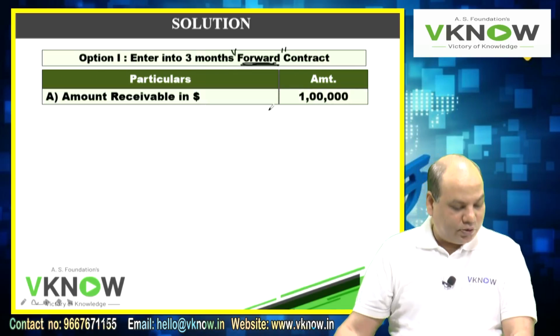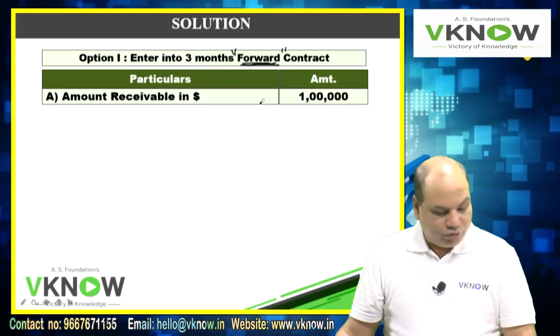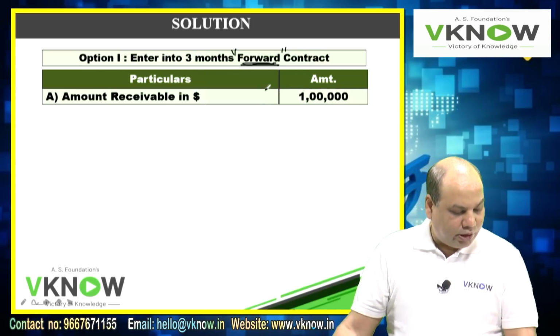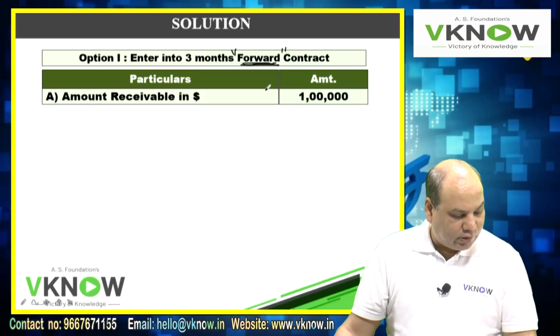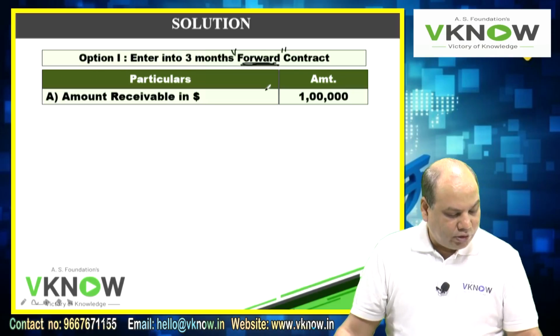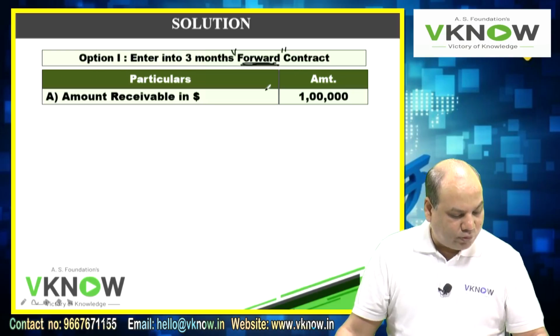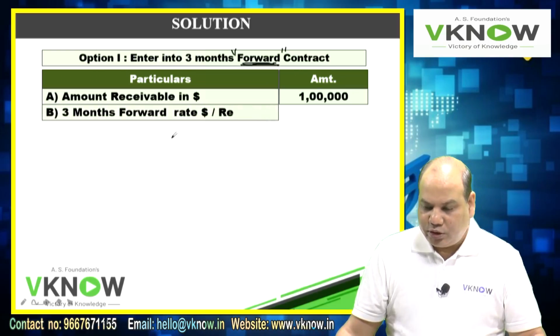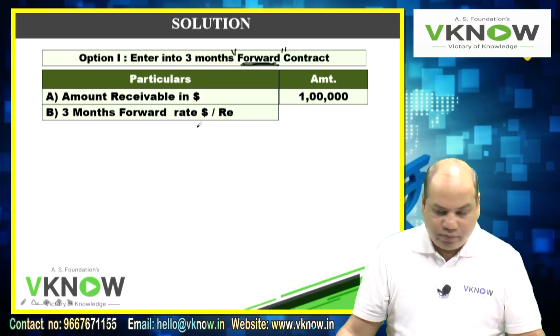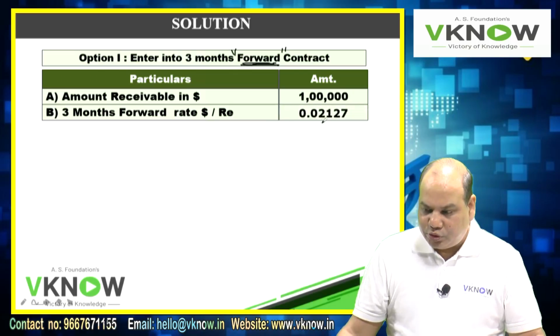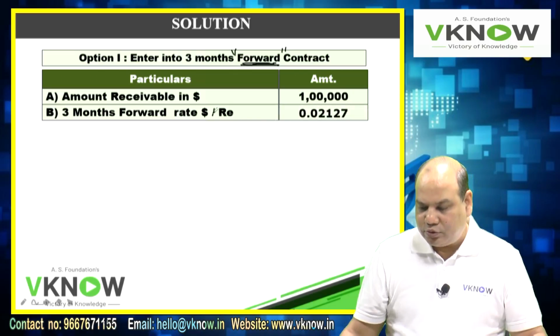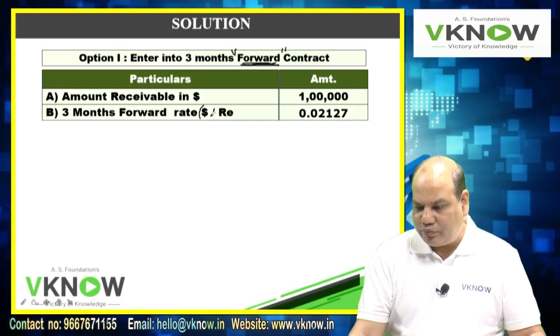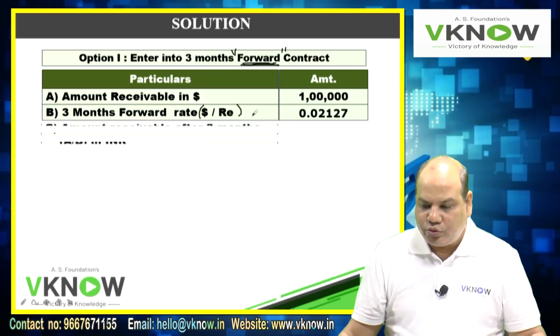How much dollar? First paragraph, $1 lakh, and there are spot rate given, 1 month forward rate is given, 3 month forward rate is 0.02127. You have to just type it on the left side. So 3 month forward rate dollar per rupee is 0.02127 dollar per rupees. So what will you do?